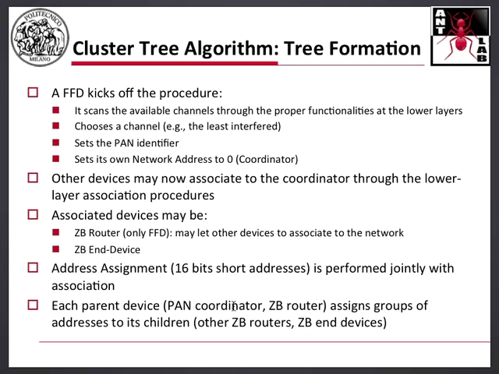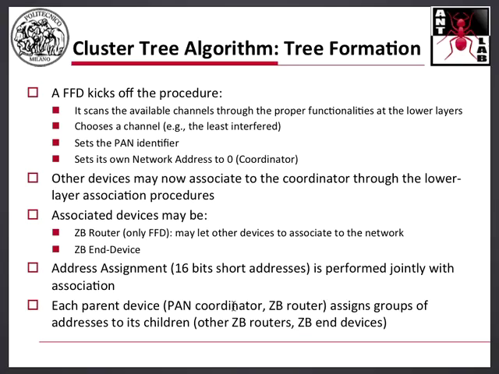That's for, let's say, the first tier of nodes associating to one PAN coordinator. Always remember that the goal is to create a tree topology, which means that other nodes can now associate to the network via some kind of relaying nodes or router nodes.